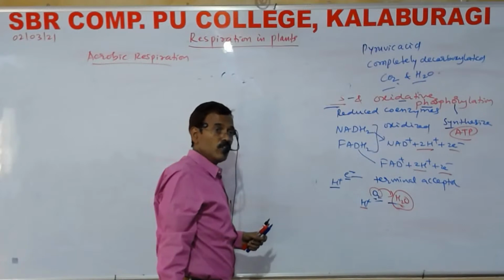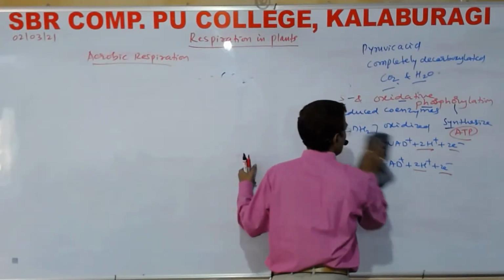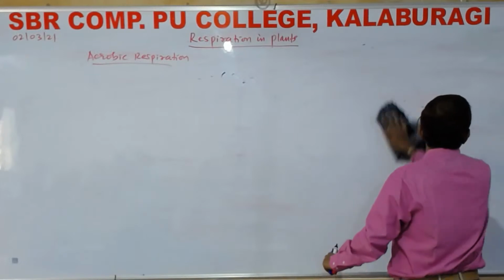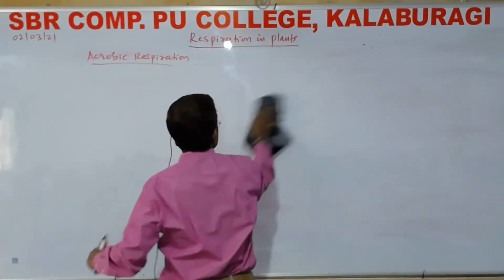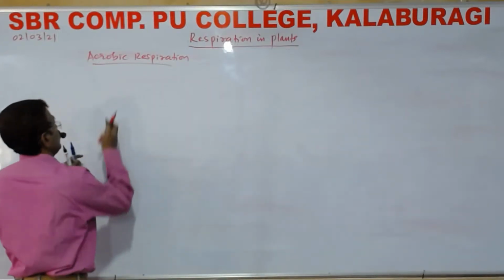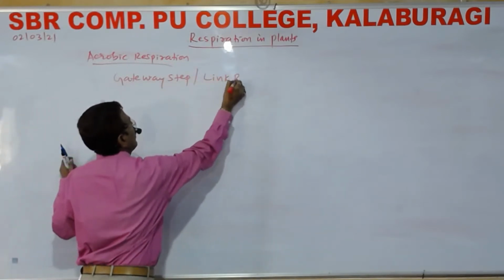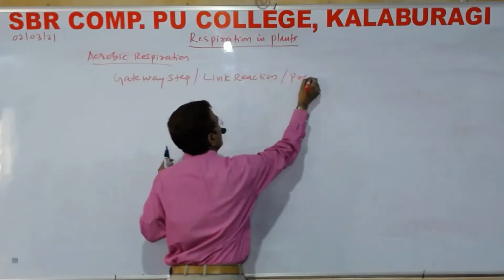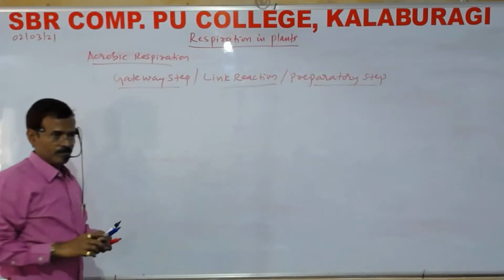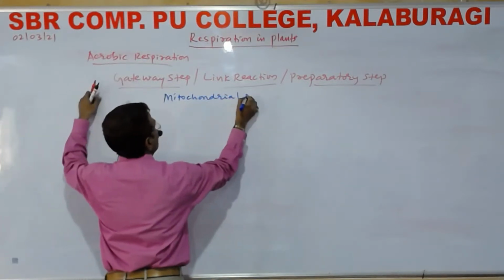Pyruvic acid has to be converted into acetyl coenzyme A. It is called the gateway step, link reaction, or preparatory step. This reaction occurs in the mitochondrial matrix.